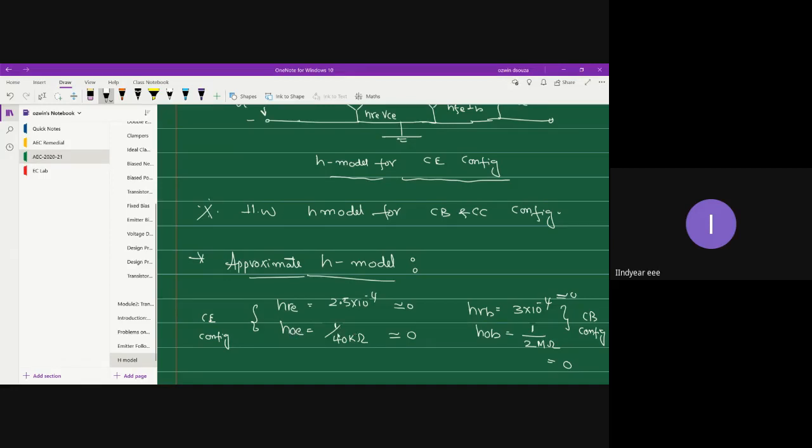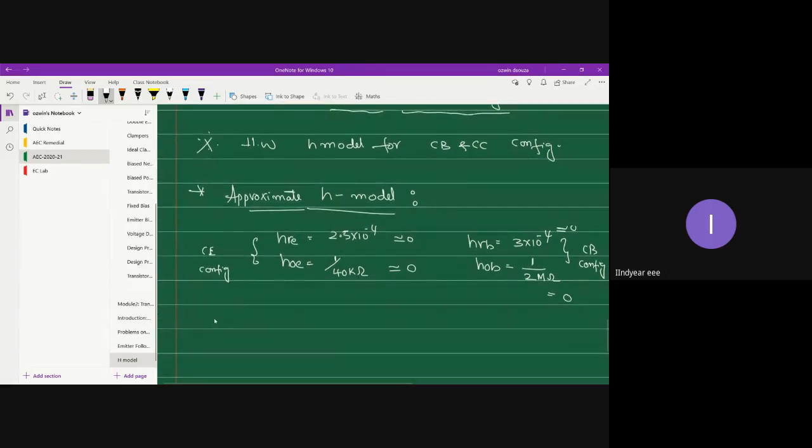Okay, just find out the reciprocal of 40 kilo. It's very small, right? So that means we can practically ignore the HR parameter as well as the HO parameter, due to their small values.